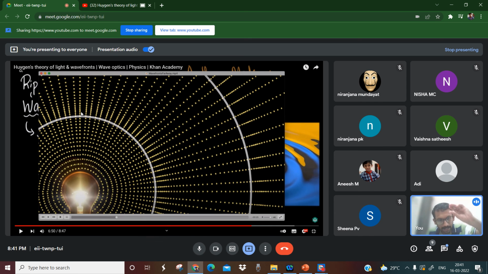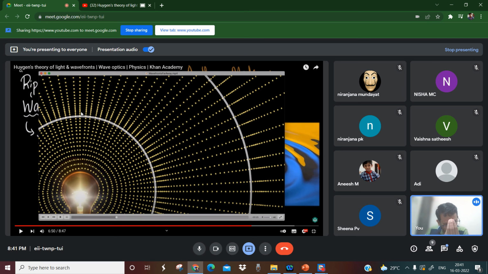So some of the particles, the vibrations are identical. If I draw a line joining all these particles which are having the same vibration, then that line will give a wavefront.